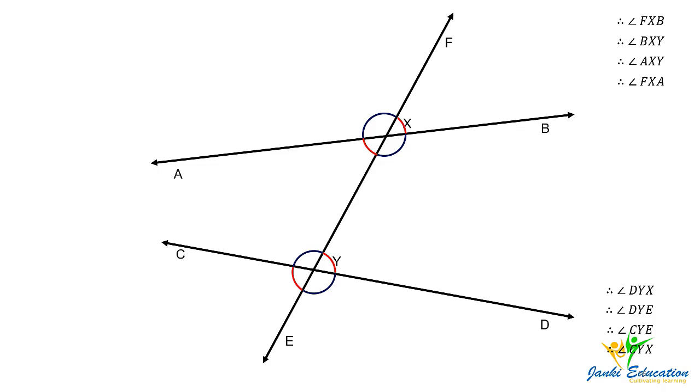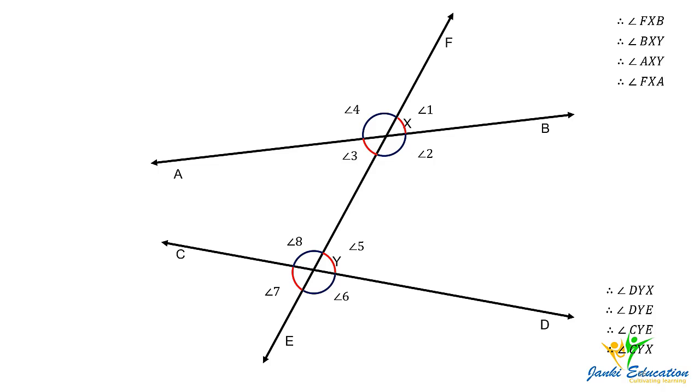Now, a very important thing, sometimes instead of these names you might be given numbers for these angles. So here we will call this angle 1, angle 2, angle 3, angle 4. Same way, angle 5, angle 6, angle 7 and angle 8. There is no rule for selecting angle 1.